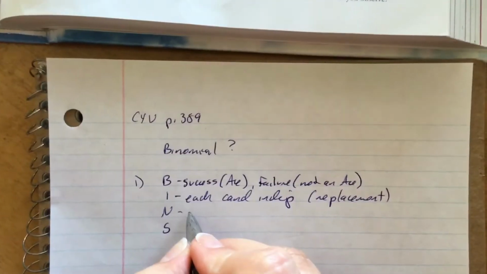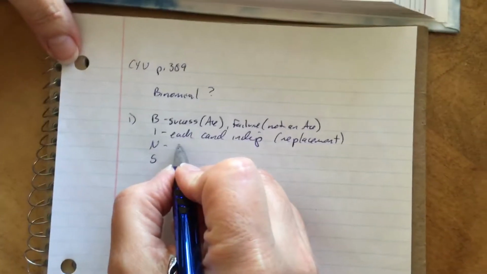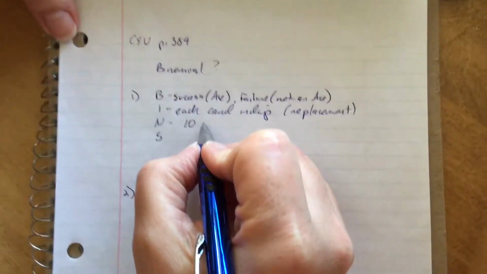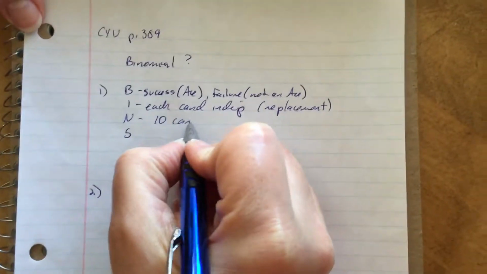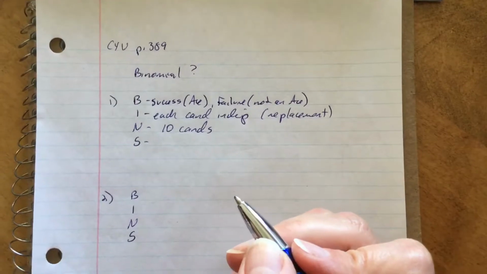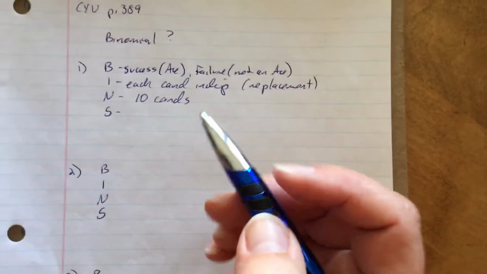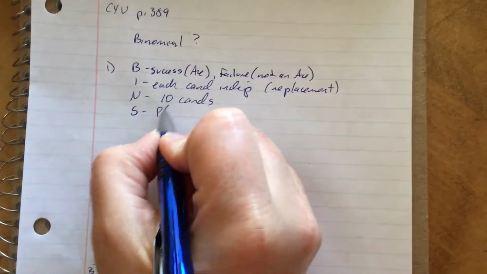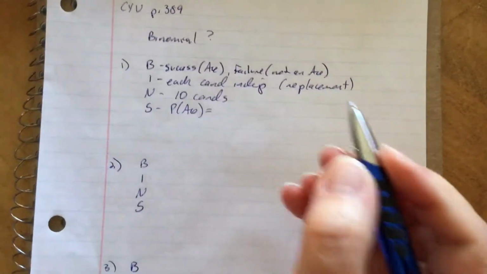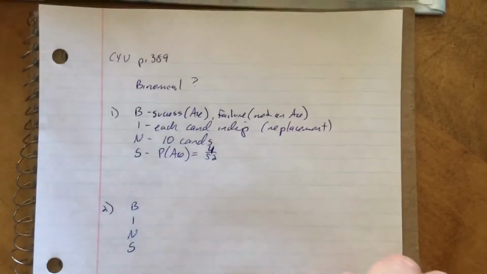N is a set number of trials. Indeed, we're going to do 10. We're going to pick 10 cards. There's a set number of trials, and S is the probability of success has to be the same. So is the probability of success the same every single time? The probability of getting an ace is 4 out of 52, right? There's 4 aces in a deck of 52.